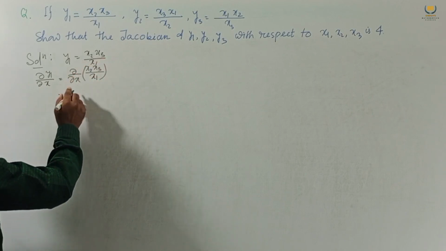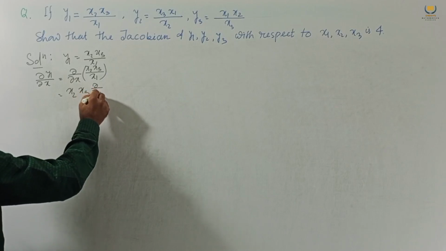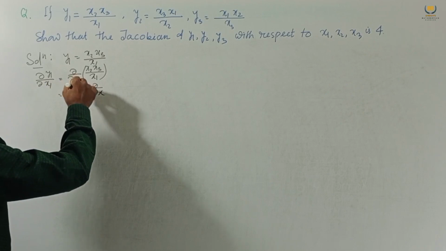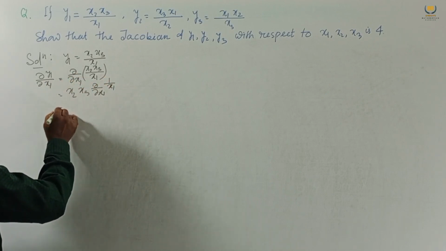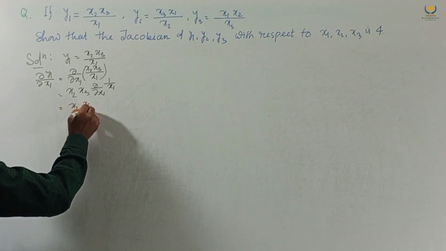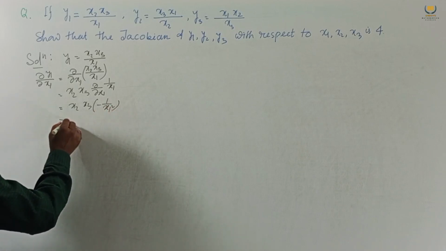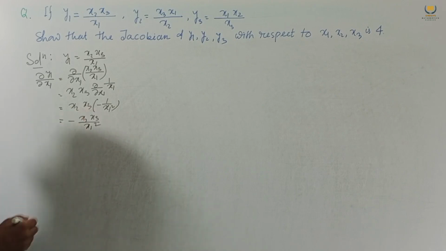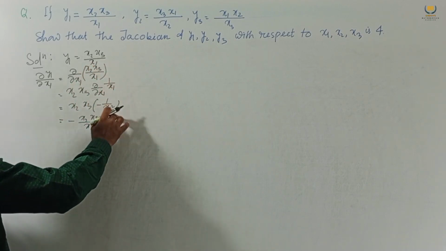Then x2 x3 is constant, so it is outside, and del by del x1 of 1 by x1 is minus 1 by x1 square. So we get minus x2 x3 by x1 square.